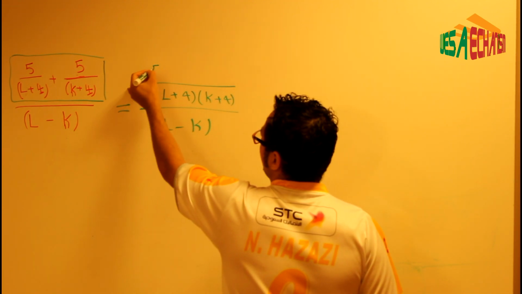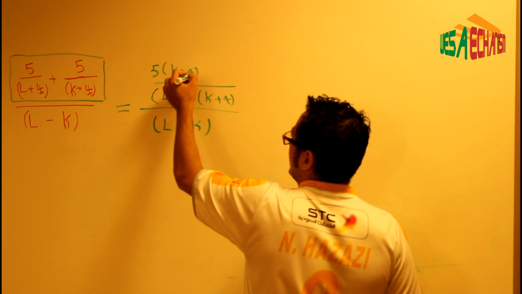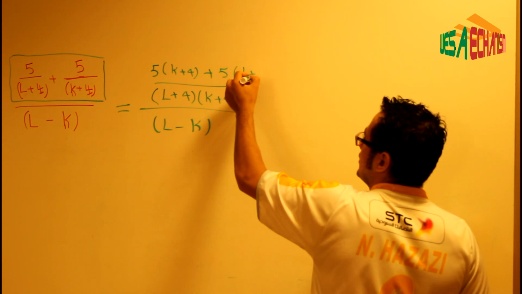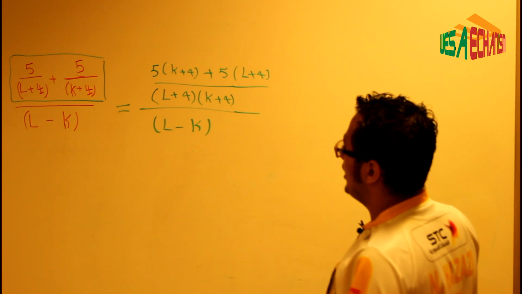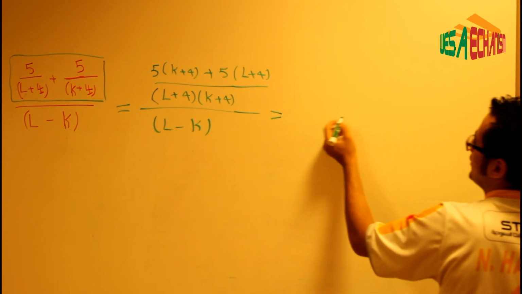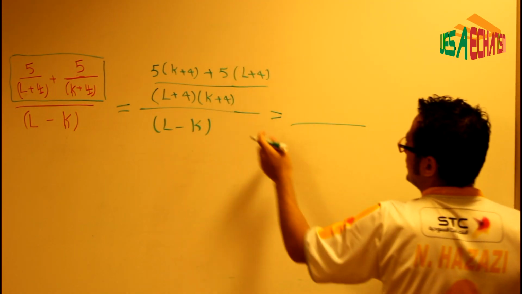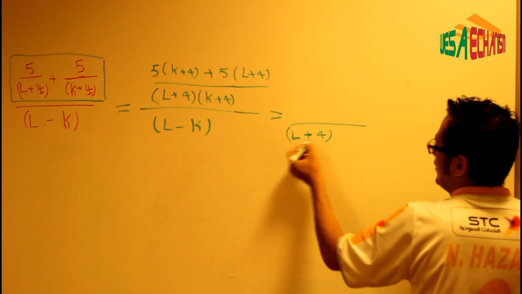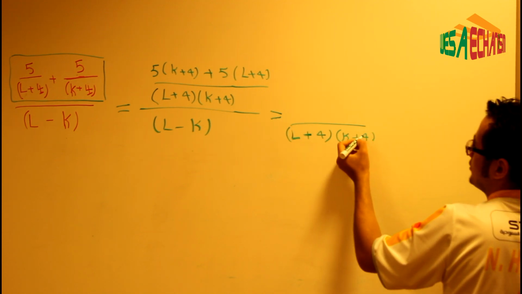And here we will have 5 multiplied by K plus 4 plus 5 multiplied by L plus 4. And right now, what we are going to do is we take this part, L plus 4 multiplied by K plus 4.